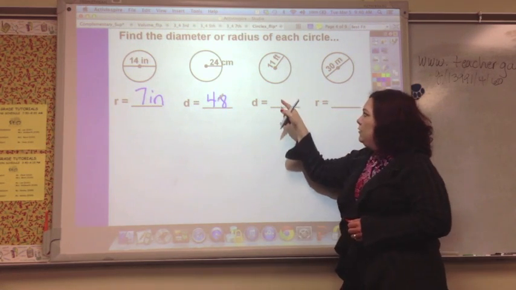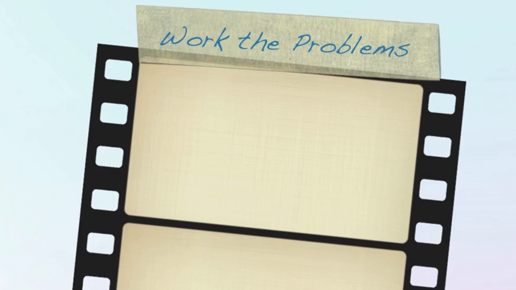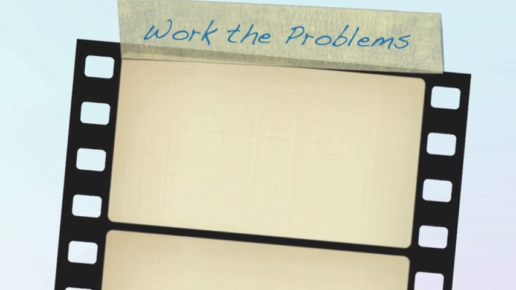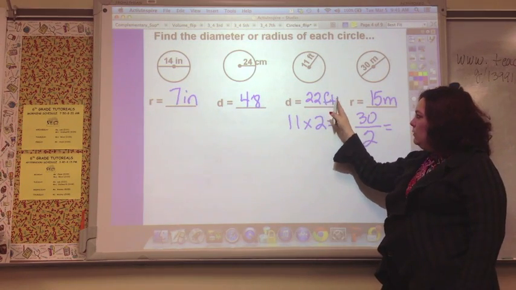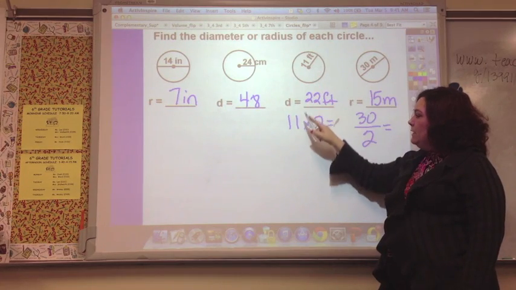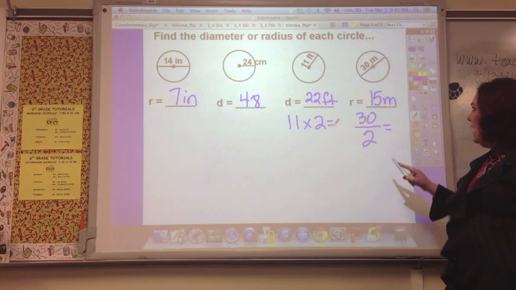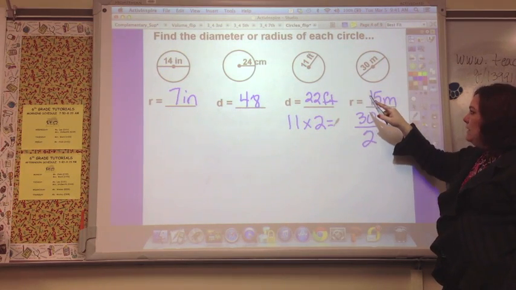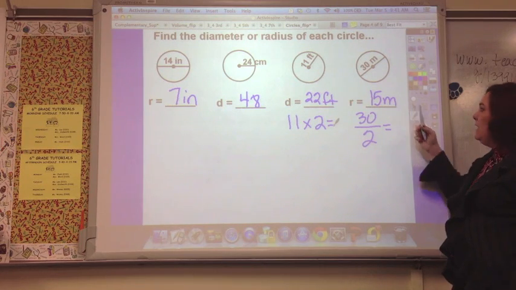Now, you do these two. So 22, how we get that is 11 is the radius times 2 equals 22. That's all the way across. And then 30 is the diameter. It's all the way across. 30 divided by 2 is 15.